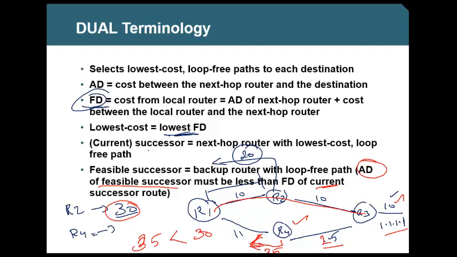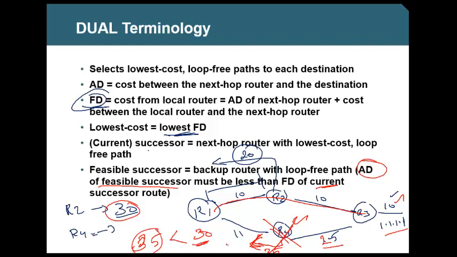Which one? This path. So this path will not be seen in the topology table. Why? Because the feasibility condition is not met. Why is there this feasibility condition? In case there is a loop, the advertised distance will be greater than the successor value.